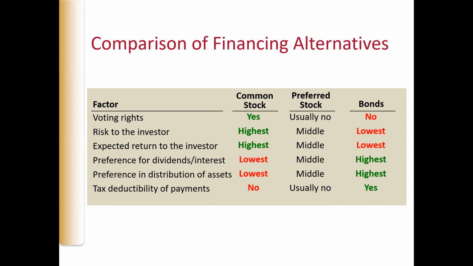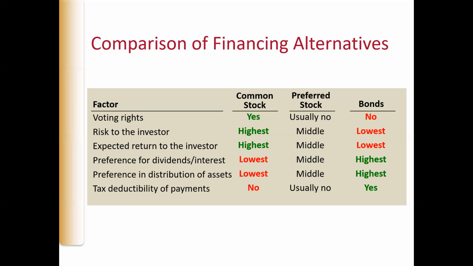Generally speaking, it's usually considered equity on the balance sheet, but usually preferred stock does not have voter rights. There's relatively lower risk to the investor, similar to bonds, whereas with common stock, you have higher risk, higher reward.